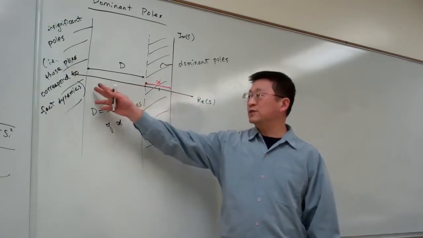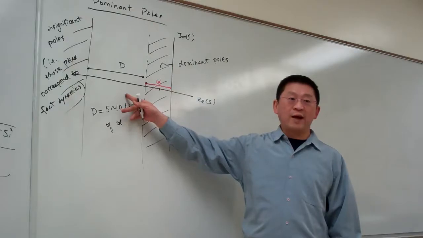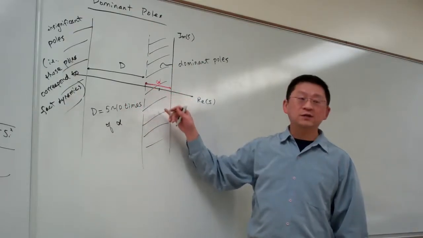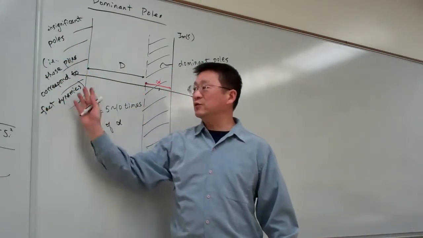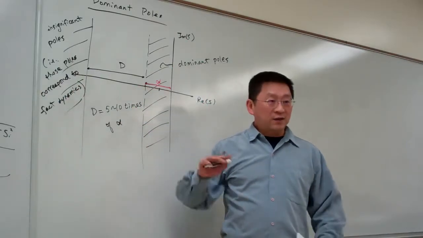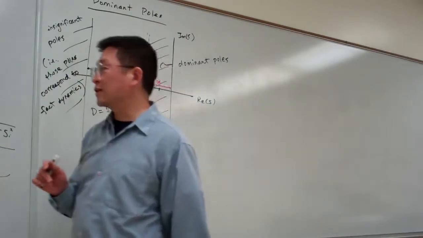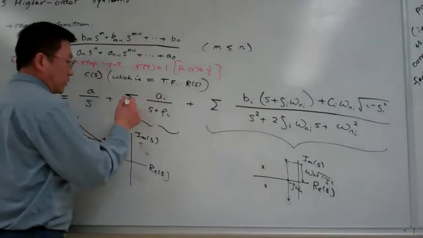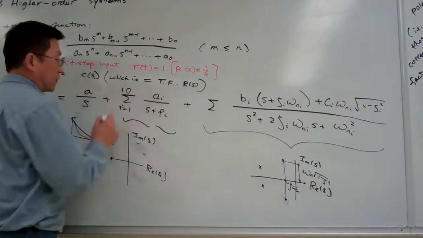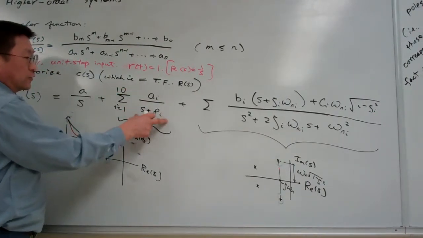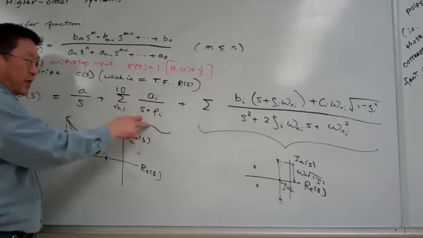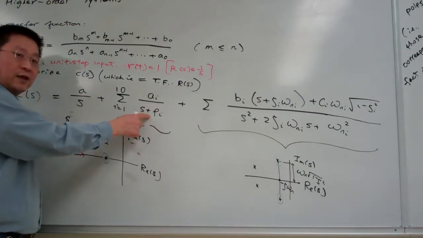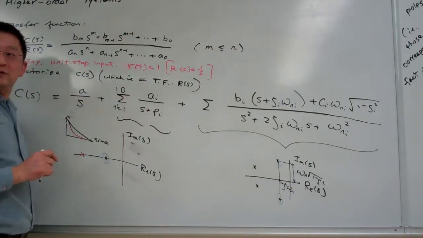If they are separated by an order of magnitude of these dimensions, then all the poles here we can approximate and get them away. Say we have 10 terms: out of the 10 terms, you might be able to drop off 9 terms and leave 1 term that is in the dominant range.